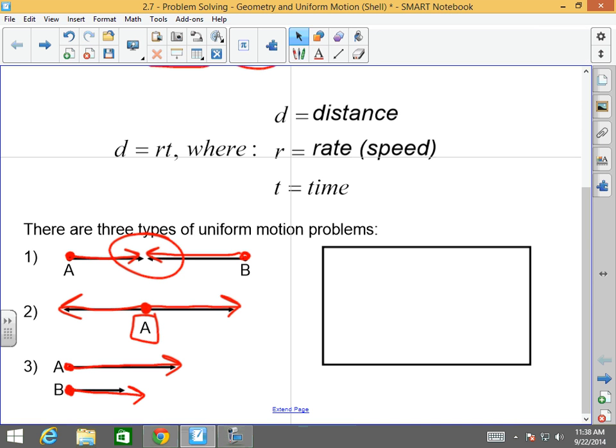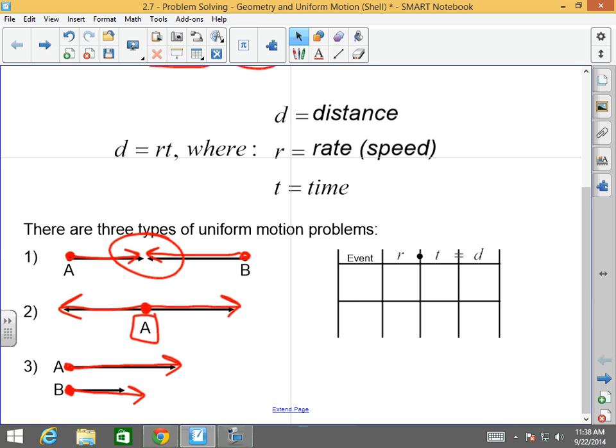Now, all three of these can be very easily solved if you use the following table. If you make this table every single time, I promise you, life will be a lot easier for you when it comes to these kind of problems. You're going to make a little table, as you see here, where you have the event. It's going to be an event A and B, or person 1 and 2, for example.